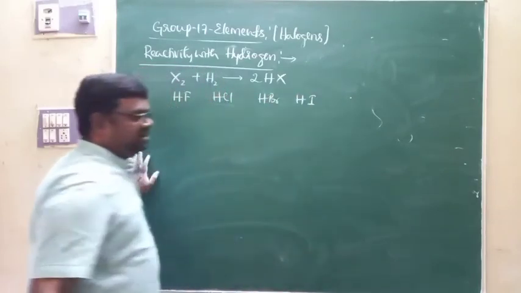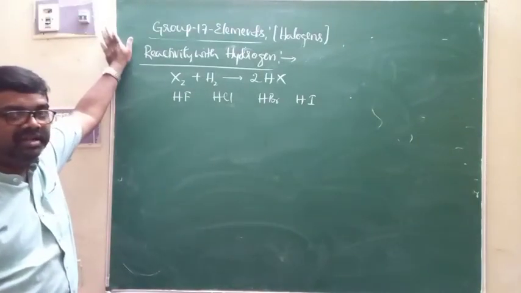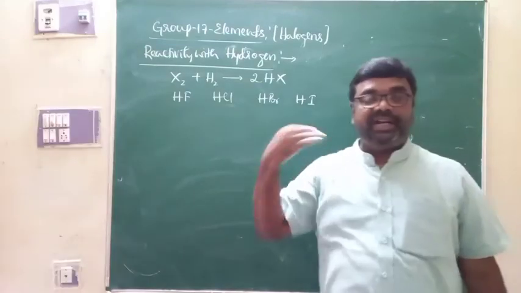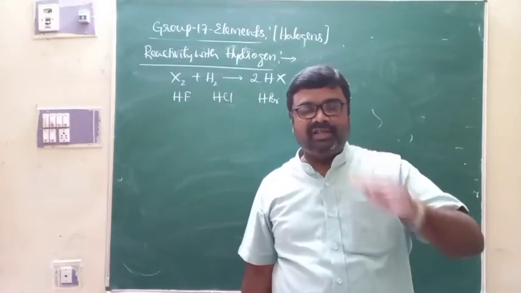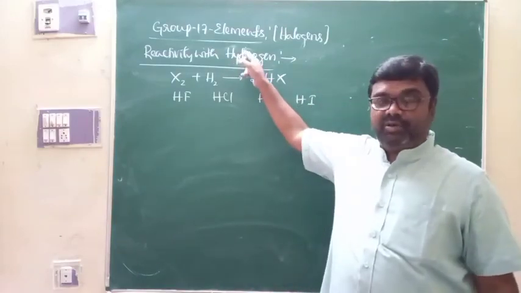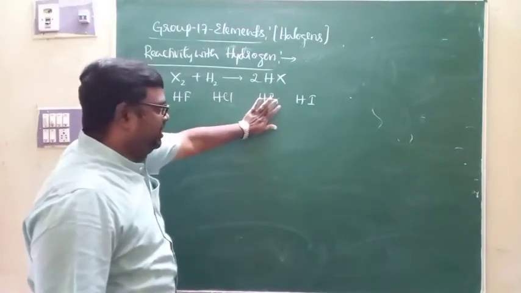These are the halides formed when halogens react with hydrogen. Just like group 15 elements form trihydrides and group 16 elements form dihydrides, group 17 elements will form monohydrides: HF, HCl, HBr and HI.